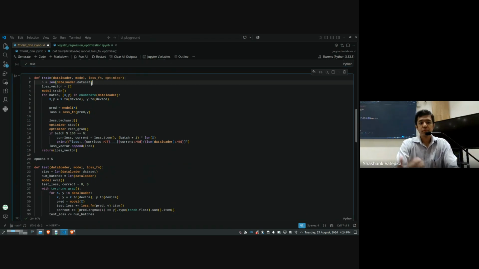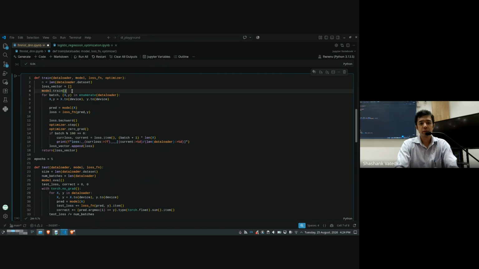So once we have this, we want to train and then test. There are two functions to do precisely this. Here, n is the number of points in my training data set, though I think I'm not using it.